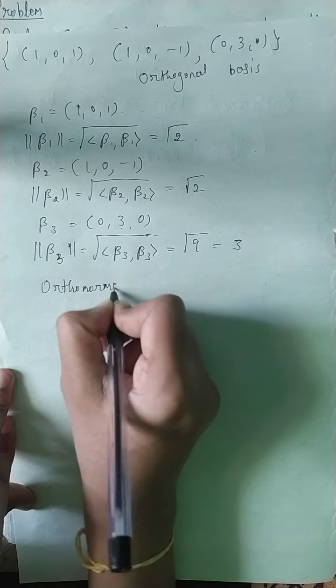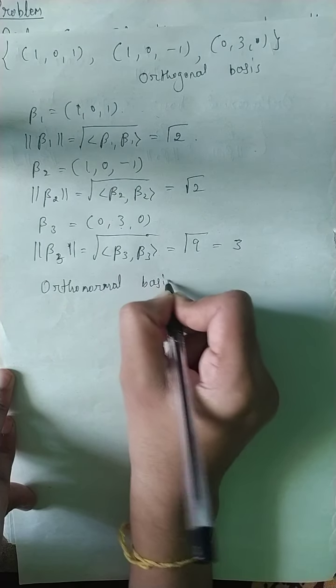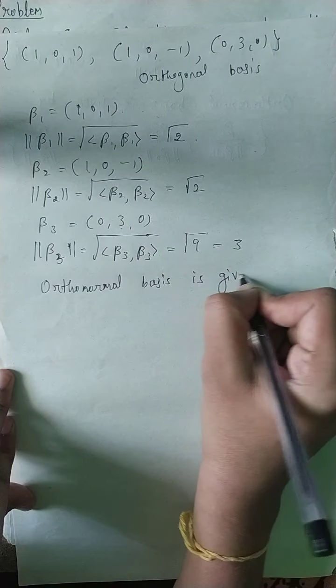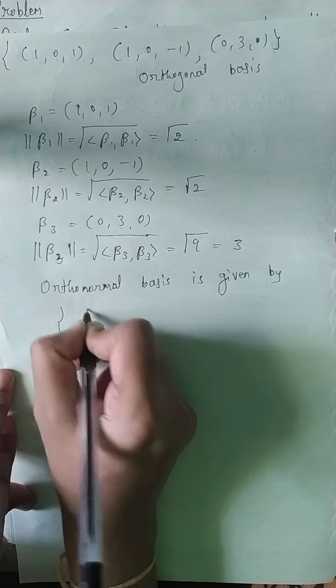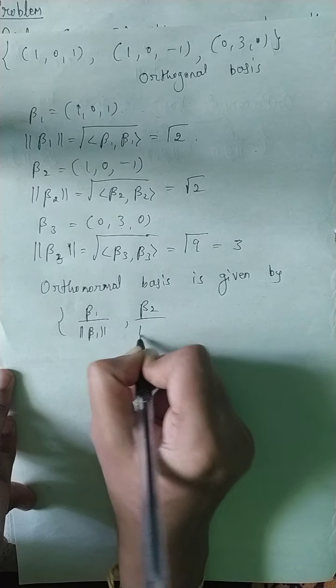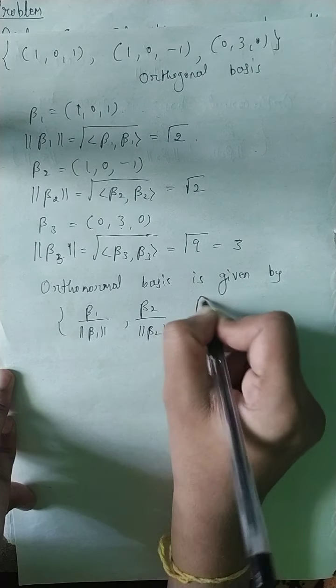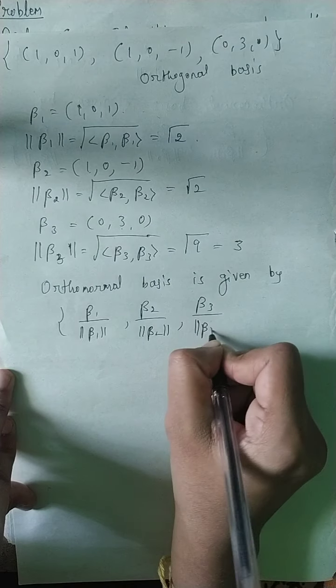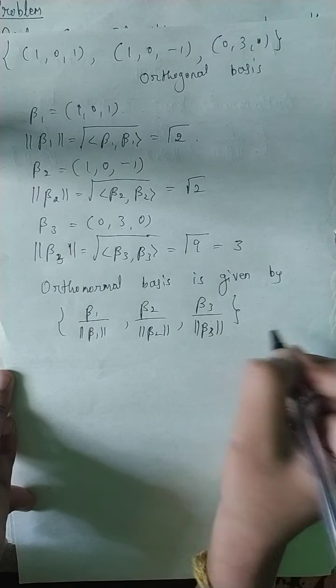So now the orthonormal basis is given by beta 1 divided by the length of beta 1, beta 2 divided by the length of beta 2, and beta 3 divided by the length of beta 3.